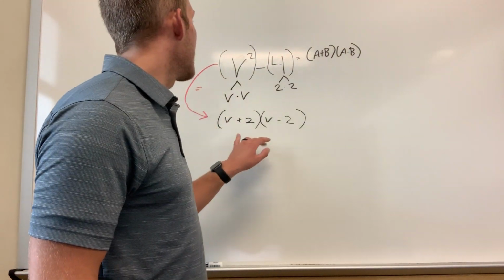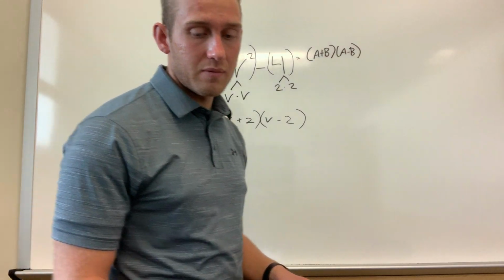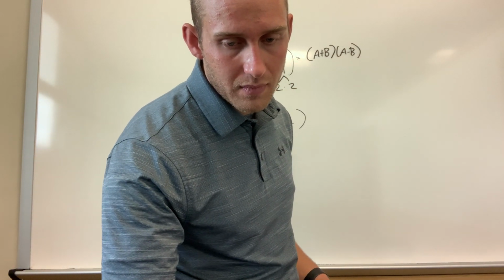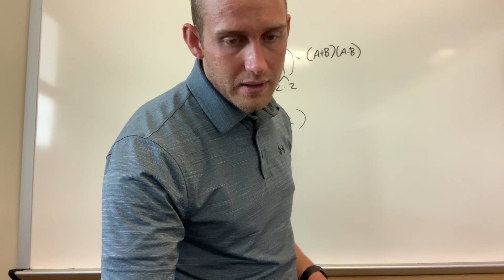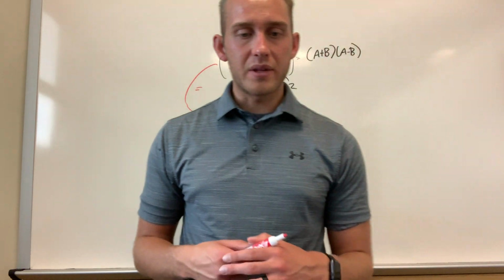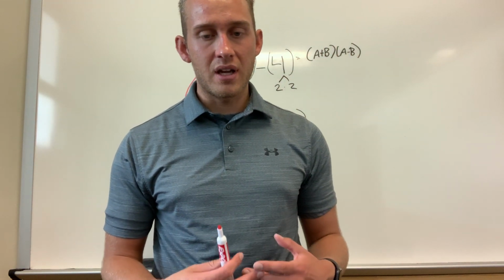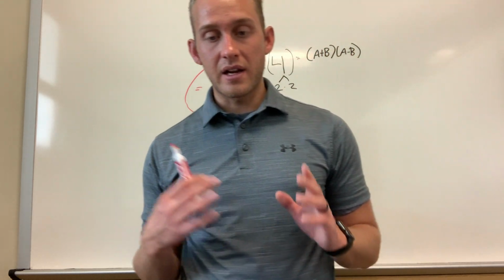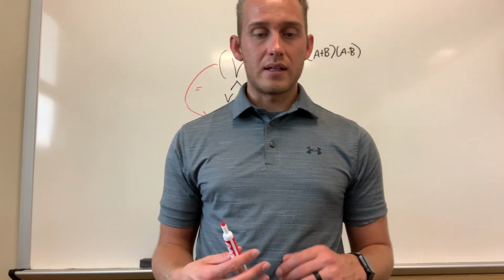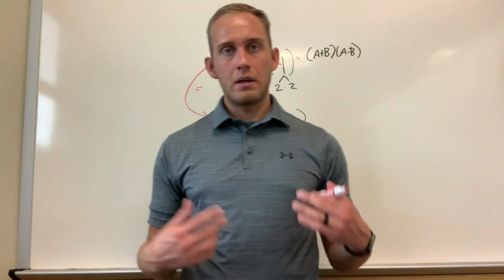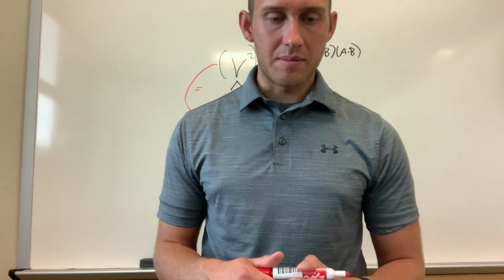So we can FOIL this, which basically, FOIL is a method for computing the product of an expression of the form A plus B, and then another form C plus D. So in this case, that could be considered.